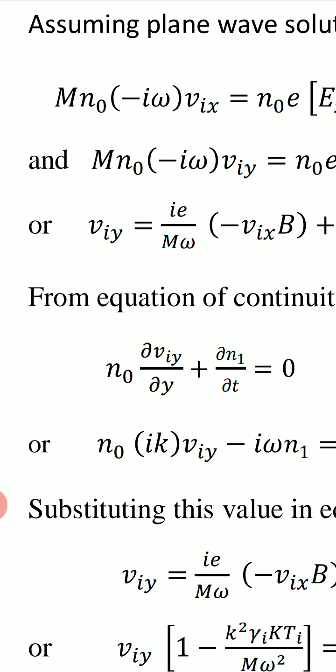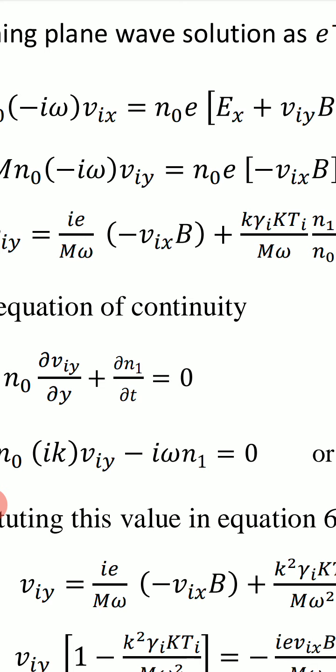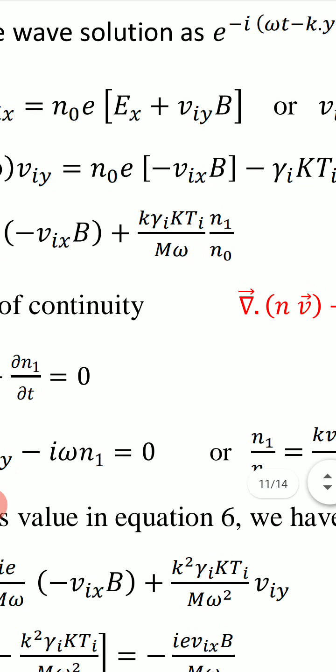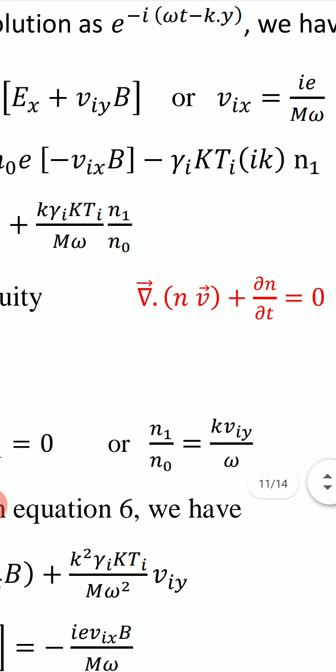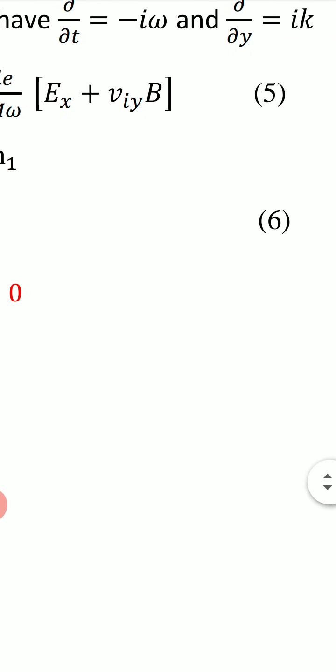Viy is obtained by dividing by minus i omega m n0. By dividing by minus i omega m n0, we get Viy equal to ie upon m omega (minus Vix B) plus k gamma i KTi n1 upon m omega n0. Put this as equation 6.